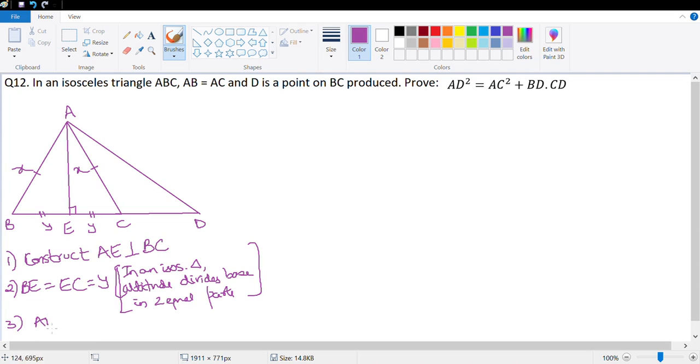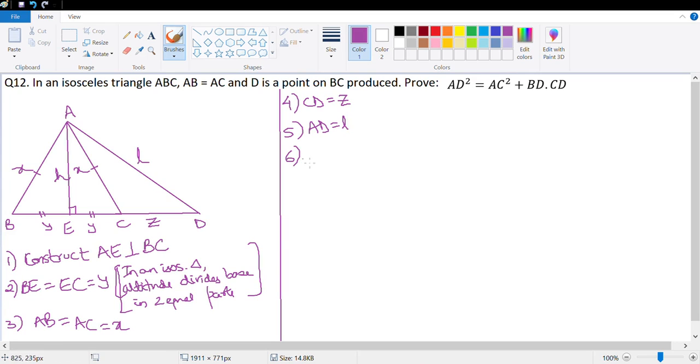Next, AB is equal to AC is equal to X. Any other value that we've taken? Yes, let's call CD as Z, let's call AD as L, and let's call AE as H. So this is point number 4, CD is equal to Z, point number 5, AD is equal to L, and point number 6, AE is equal to H.